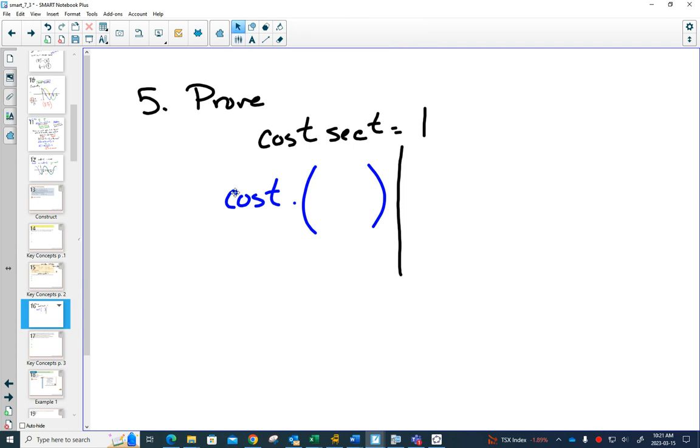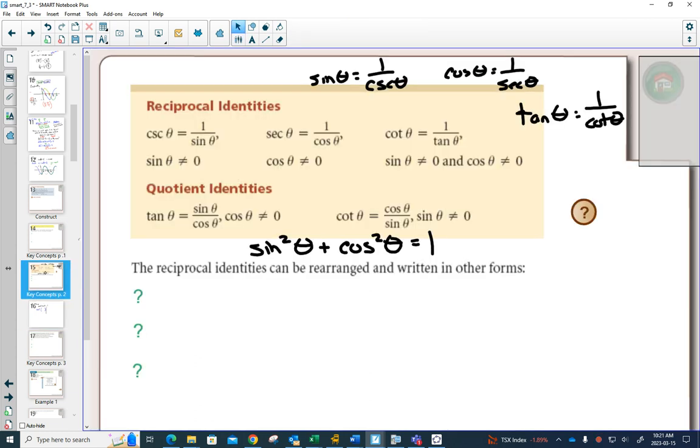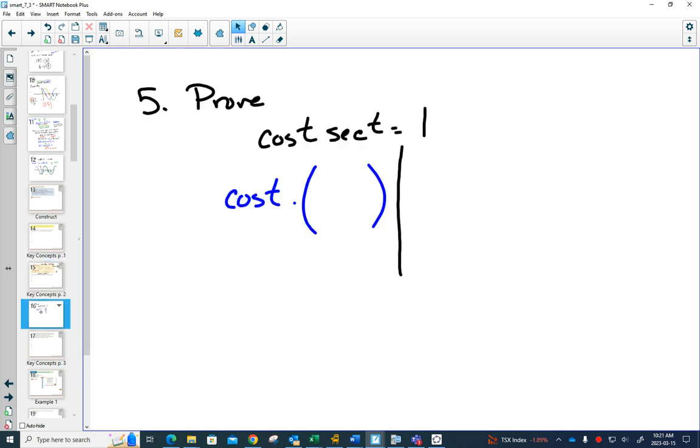Now, you're not going to want to flip back and forth between this list, so you'll want to make sure that you know these and have them memorized. And we should already from chapter 6 know that secant is the reciprocal of cos. So instead of writing secant, I'm going to write 1 over cos. And now our fraction rules come in.